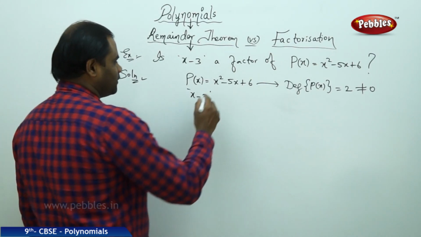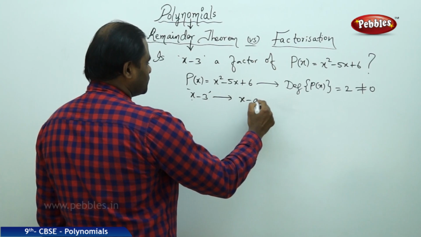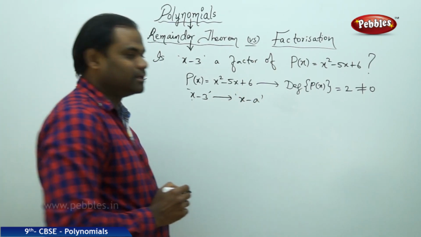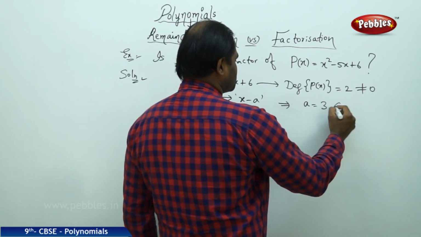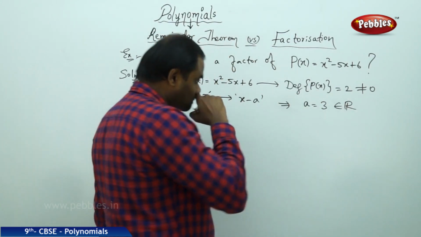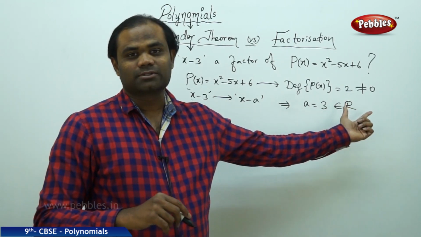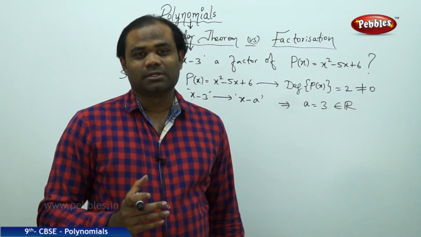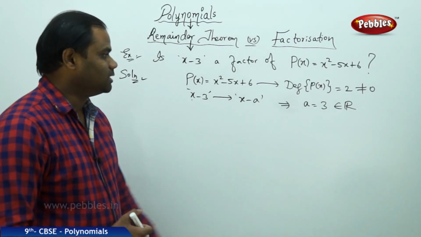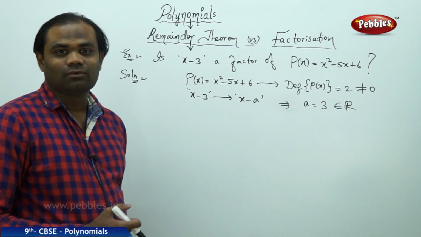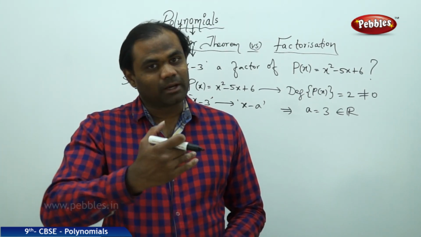And the second thing I find here is my x minus 3 when compared with the factor x minus a clearly says that my a is 3, which belongs to real numbers. So degree being non-zero and the value a belonging to the set of real numbers is the condition for existence of remainder theorem. Now with these two conditions, let's see what is the remainder for the given polynomials divided one by the other.